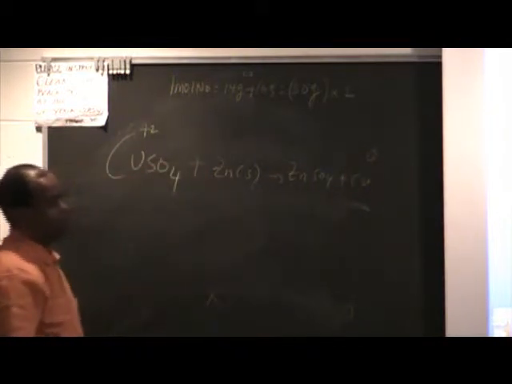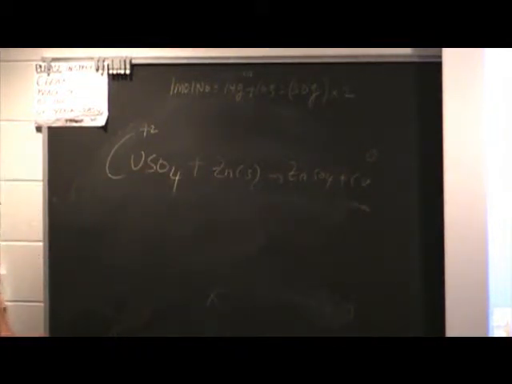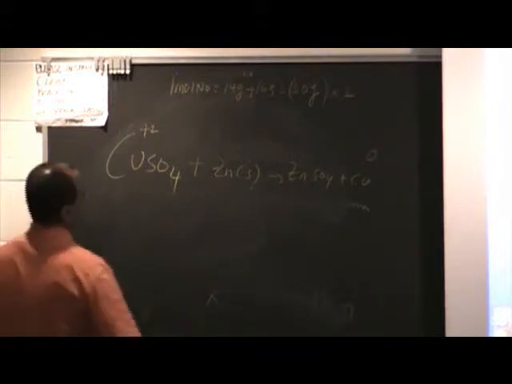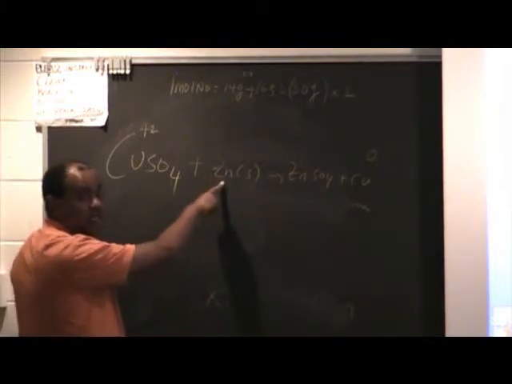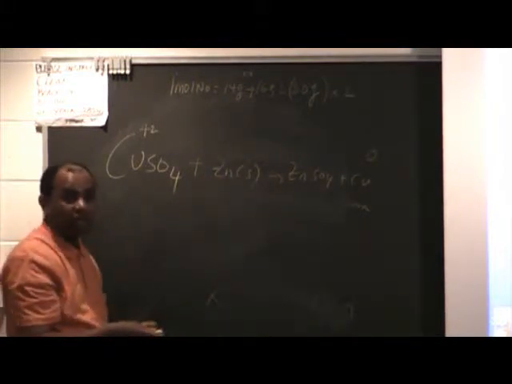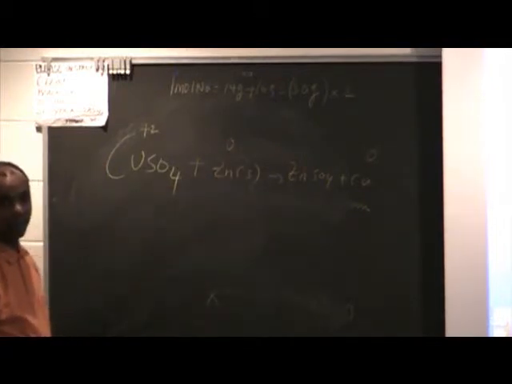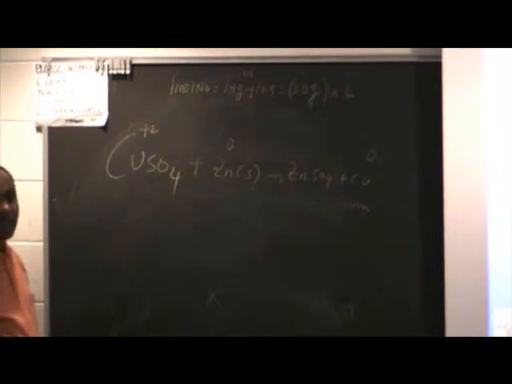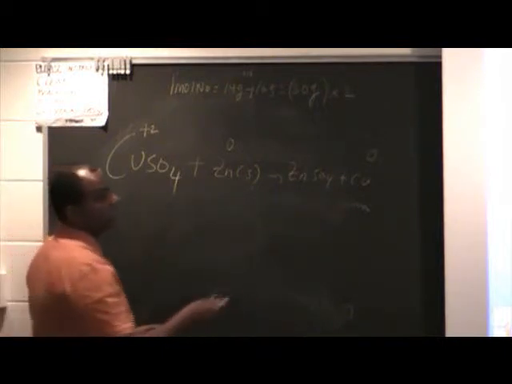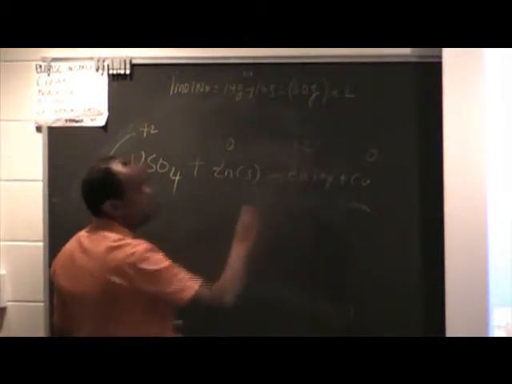It's going to be 0. Okay? So the oxidation number of copper is going to be 0. If an element is by itself, just a single element by itself, its charge is 0, because it doesn't lose or gain, right? But if it reacts with something else, it has a charge of +2.